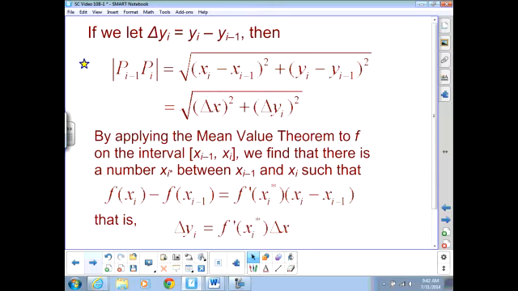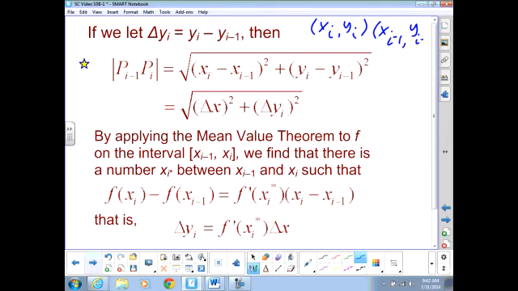Say we have two points. Let's think of one of them as having the coordinates x_i and y_i, and the other one has the coordinates x_(i-1) and y_(i-1). By being minus 1, we know those are two endpoints of our segments that are next to each other. Using the distance formula, it's the square root of (x minus x) squared plus (y minus y) squared. That's what we have there.